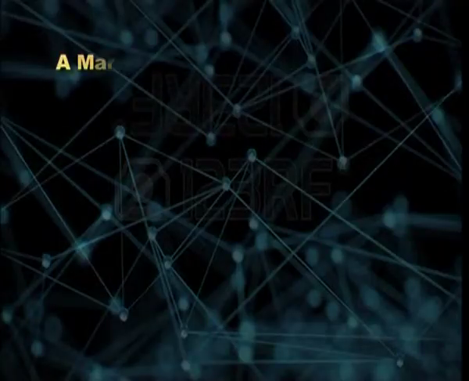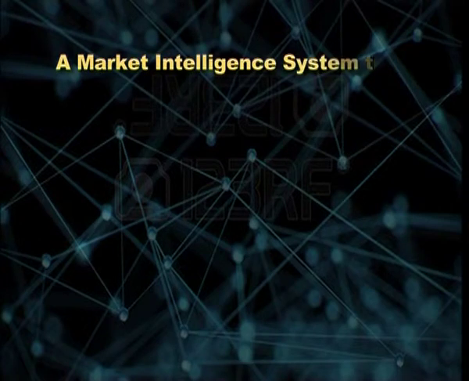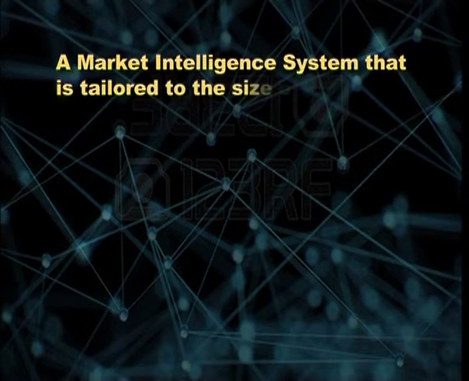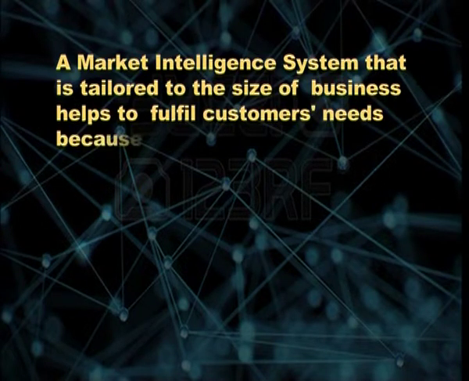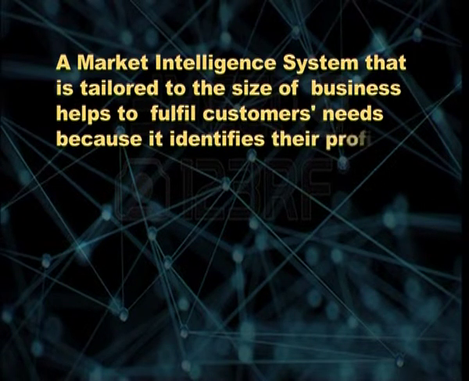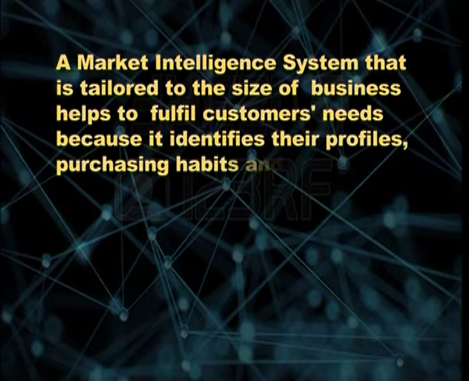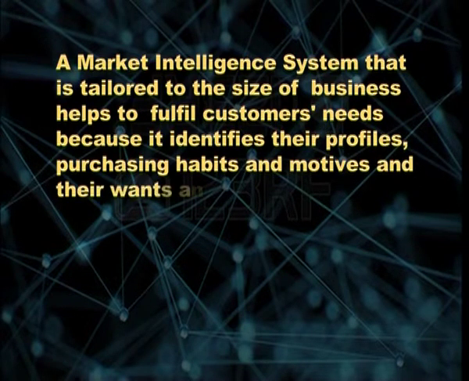Businesses do not fail because they don't have good ideas. They fail because they make poor decisions based on a lack of information. A market intelligence system that is tailored to the size of the business helps to fulfill customers' needs because it identifies their profiles, purchasing habits, and motives, and their wants and needs.